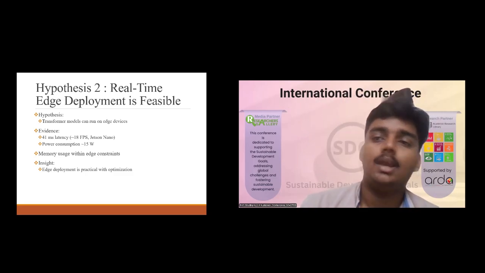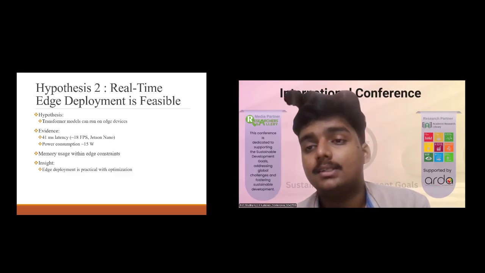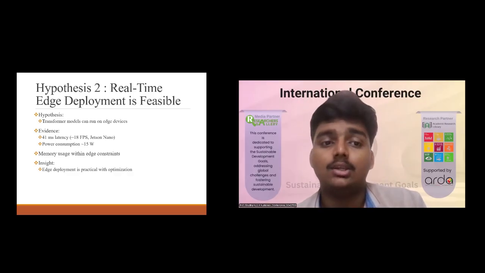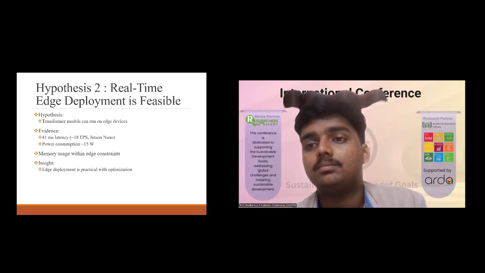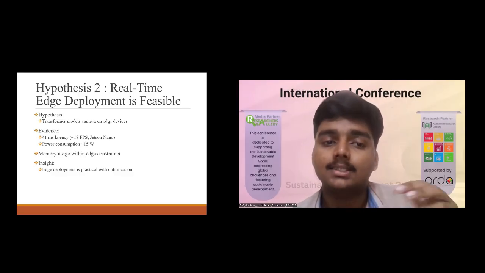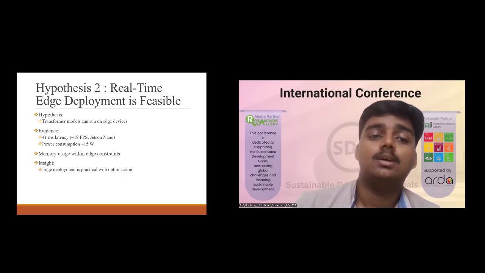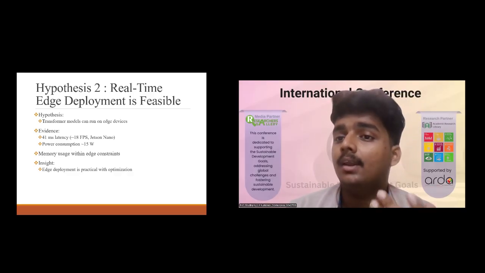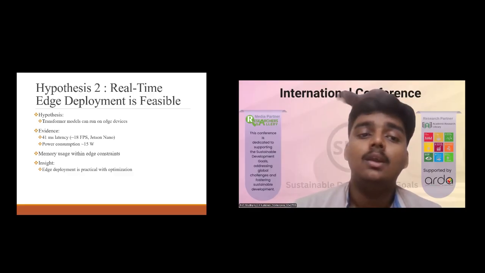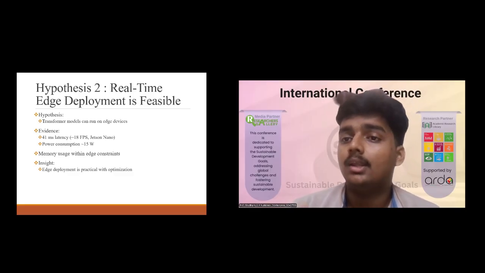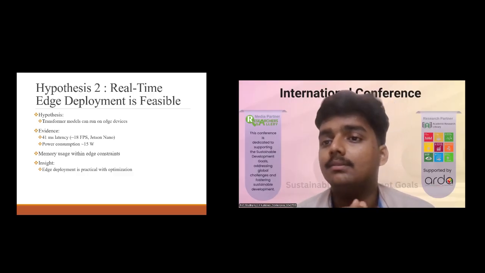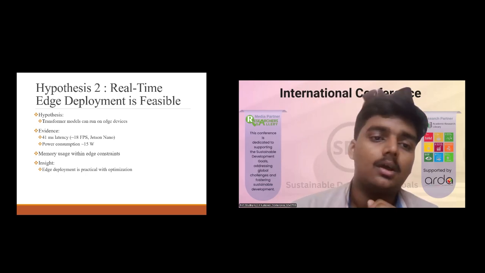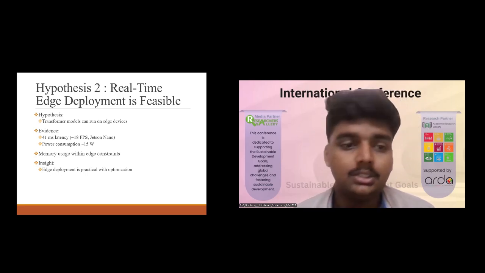But the model we have brought in is at the size of 17 million parameters. That's a 90% reduction compared to the state-of-the-art model, and it works with a latency of 41 milliseconds and produces real-time output video at 18 FPS. That's much higher than most of the models which can produce real-time segmentation.